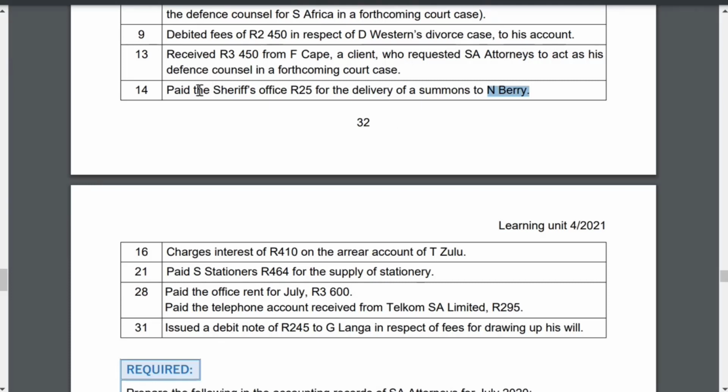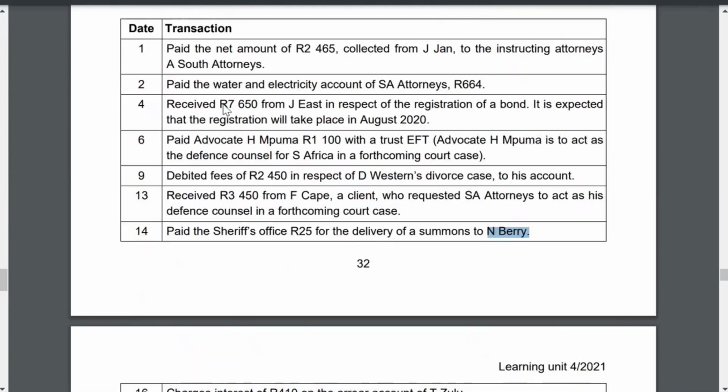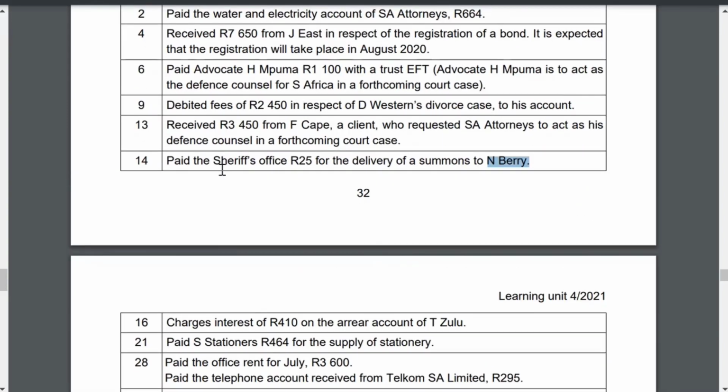So SA attorneys has been instructed by the instructing attorney to pay a sheriff 25 Rand to deliver assignments to N. Berry.